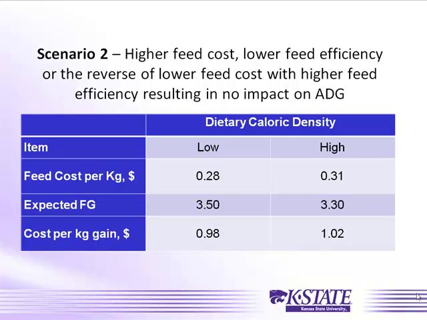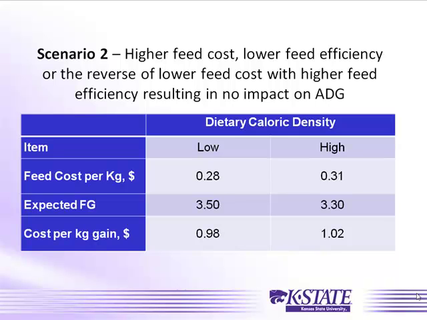And our cost per kilogram of gain, cost per pound of gain actually increases. Higher cost diets, lower feed efficiency. This is a case where as long as it's not impacting average daily gain, our feed efficiency is poor, but our economic performance is going to be better. And that's a scenario we've had to move to in the last few years.